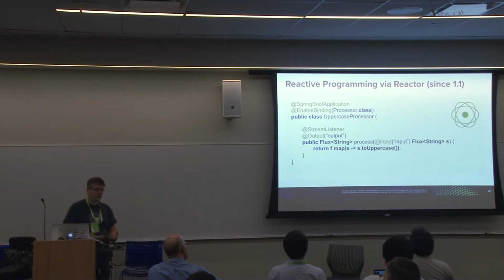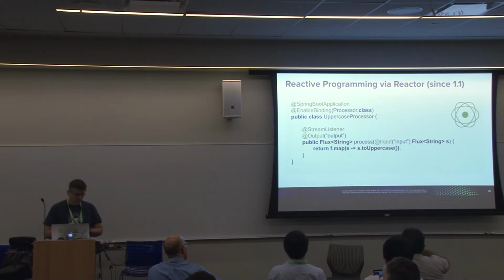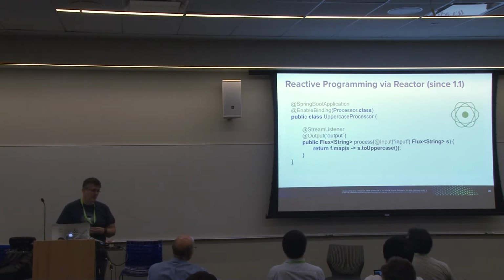We also have an integration with reactive streams that allows the entire application to be reactive. However, if you notice this example, it's very similar to the first, but it uses the Reactor Flux type as an input. So the framework takes care of converting the input of the application into a Flux of messages.